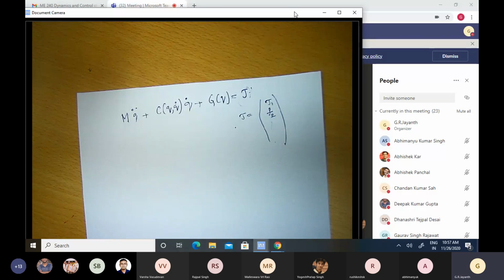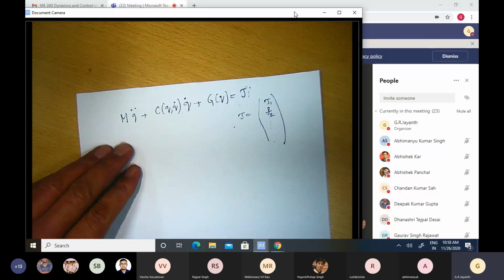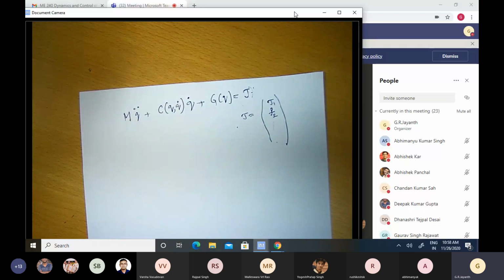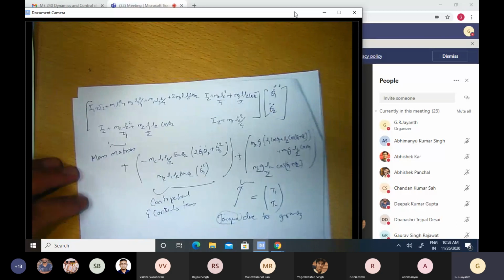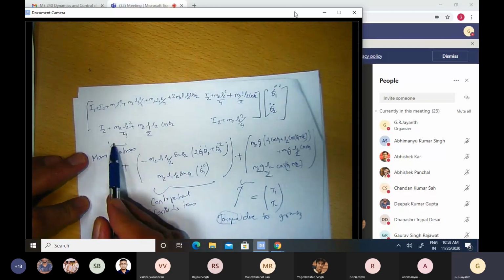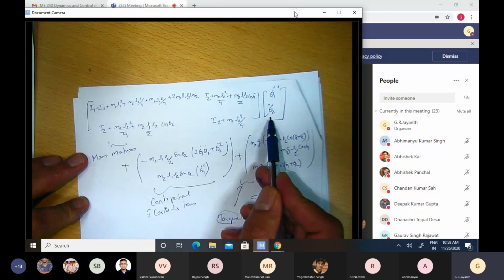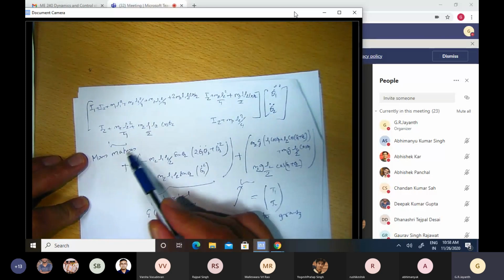Okay. Now, again, to build some familiarity with each of these terms, let us look at how the structure was for the 2R manipulator. I had the structure for the 2R manipulator earlier, and I'm showing it again right now. You see that there was a term that multiplied theta 1 double dot and theta 2 double dot, and that we called a mass matrix.